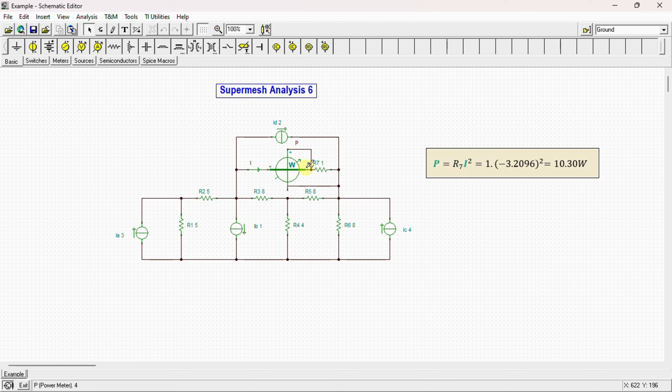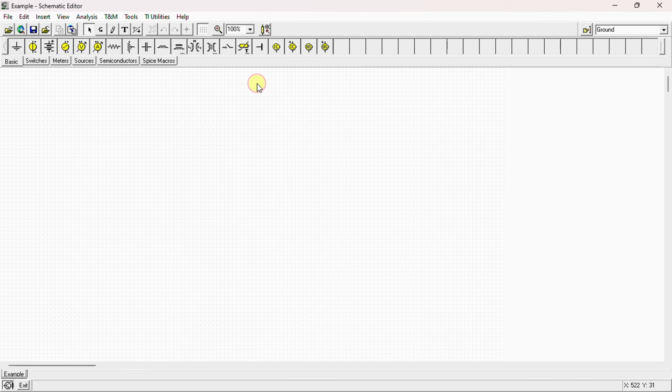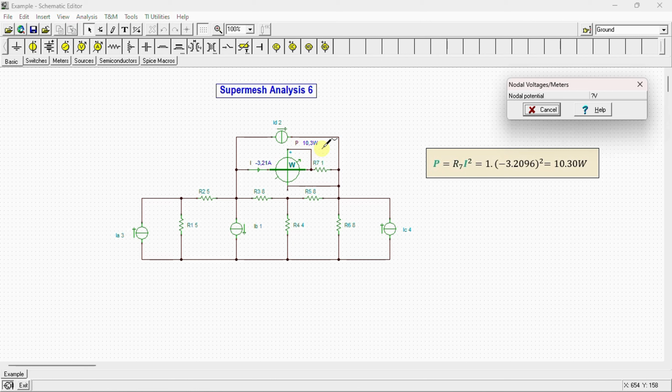I connect here a wattmeter to measure the dissipated power in the R7 resistor. Let's move on to analysis, DC analysis, calculate nodal voltage. We can see here that the dissipated power in the 1 ohm resistor is equal to 10.3 watts, exactly the same value we obtained by calculation.